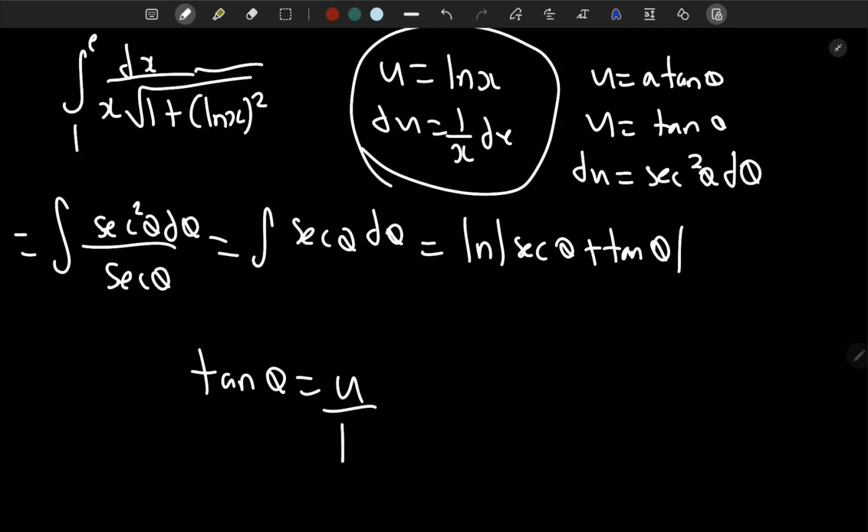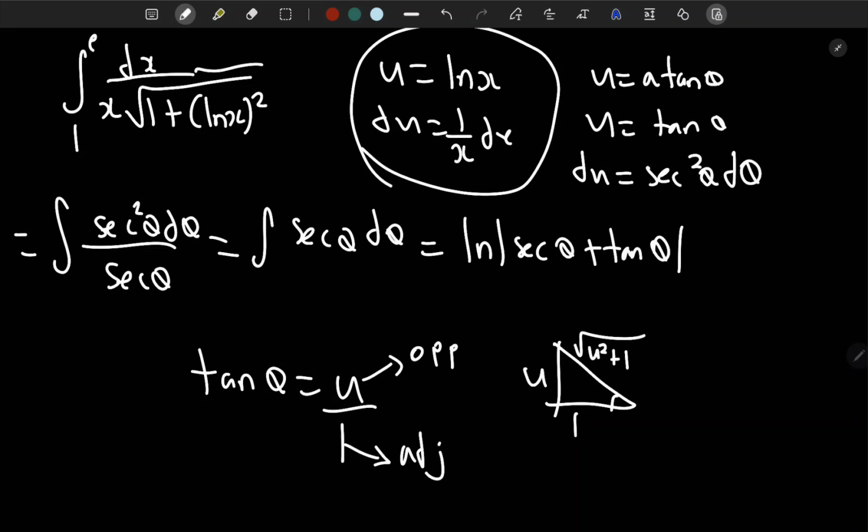First of all, let's just write this over here, and now we can say that this is the opposite side, and adjacent, opposite over adjacent, yeah, adjacent is 1. So if now we draw the right triangle, and this is the angle, u is right here, this is 1, and this side is going to be the radical of u squared plus 1.